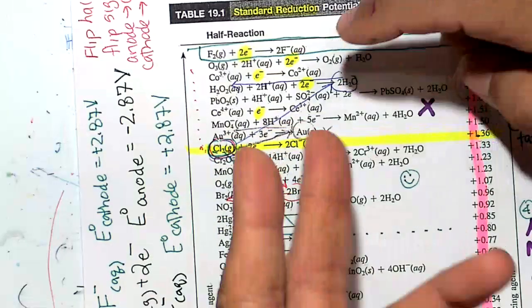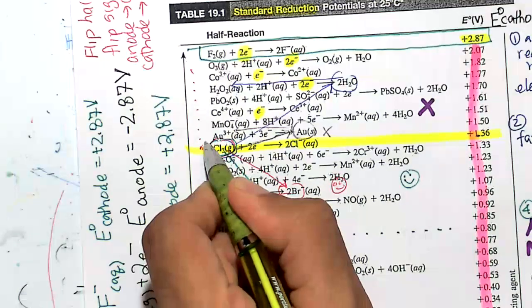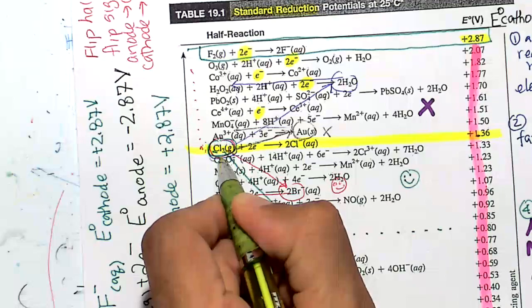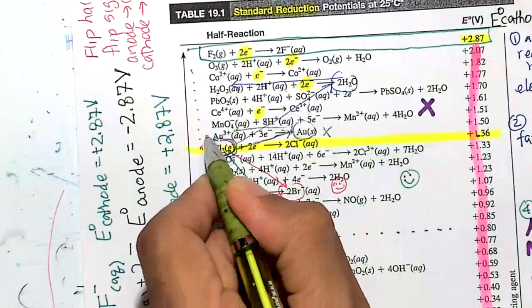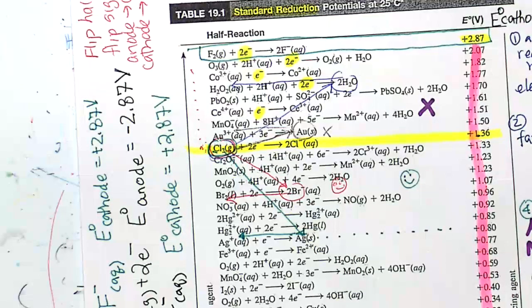Take this and flip it, keep the Au the same as is. Okay? That is, make this oxidation, flip this, and keep the one above the same. So this is called the diagonal rule, and this tells us which oxidizes what and what cannot oxidize the other.